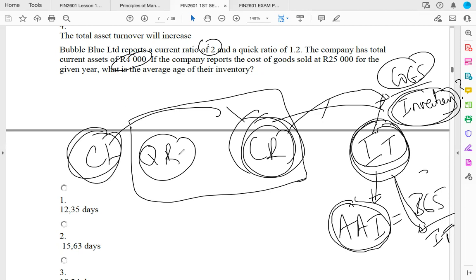And then once you get your current liabilities, you need to take your quick ratio, your current liabilities and your current assets, and then you need to calculate your inventory. Then you need to take that inventory and substitute it. So put the recording on pause, try that quickly. And then when you're done, press continue, then we can check if you got that right.